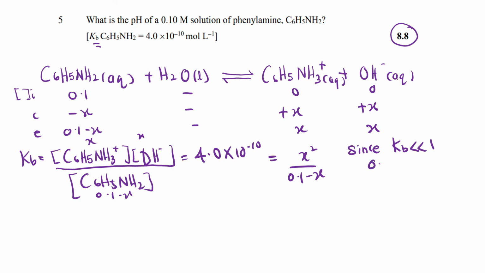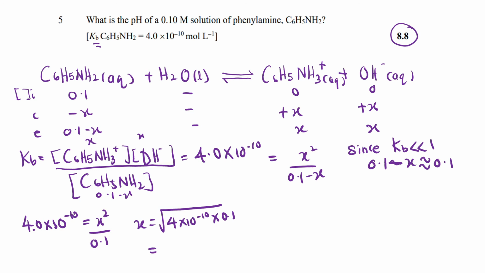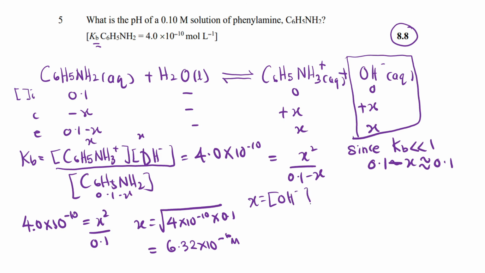Jadi 0.1 minus X is almost 0.1. Nilai X is equal to 6.32 exponent negative 6 molar. Jadi kalau kita tengok dekat dalam ice table kita, X ini mewakili apa? OH minus. Jadi X is equal to concentration OH minus, iaitu bersama dengan 6.32 exponent negative 6 molar.